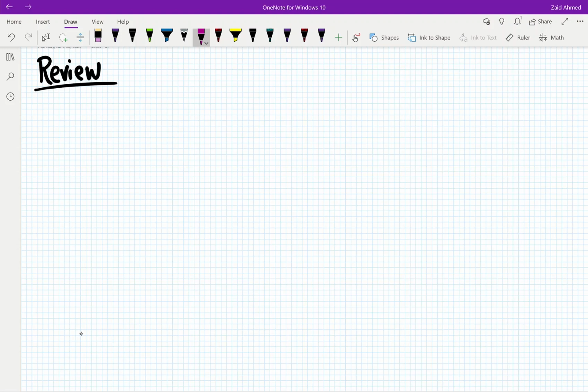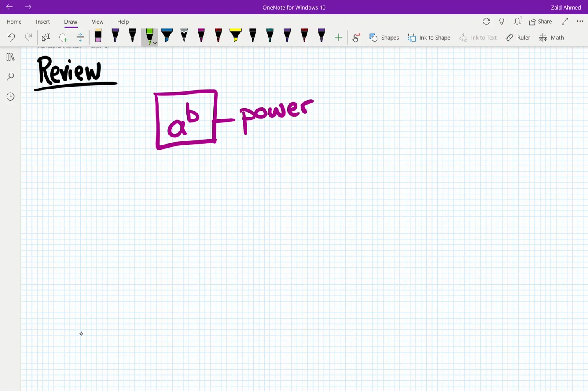Now, when we have the basic exponents, this whole thing we refer to as our power. The A over here we call our base, and the B over here will be our exponent.